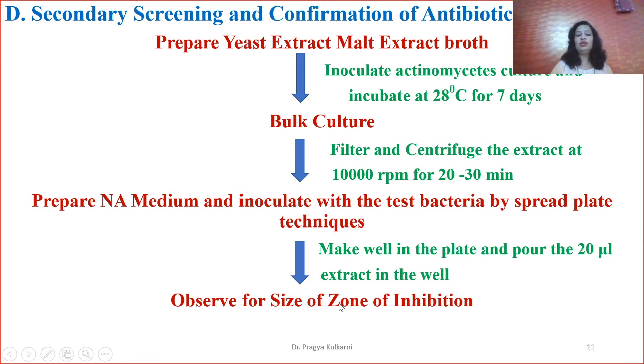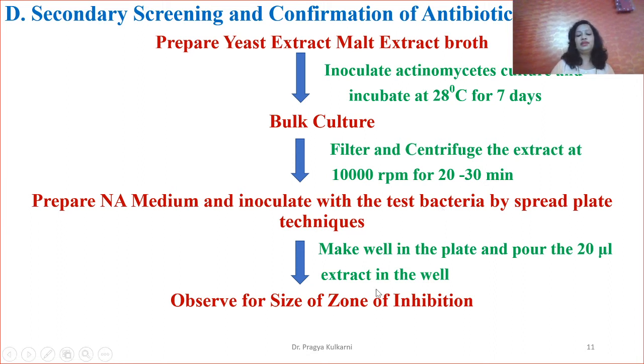After incubation, the plate is observed for the size of the zone of inhibition. As we know, this extract contained antibiotic, and this test bacteria was found showing total inhibition or growth retardation.